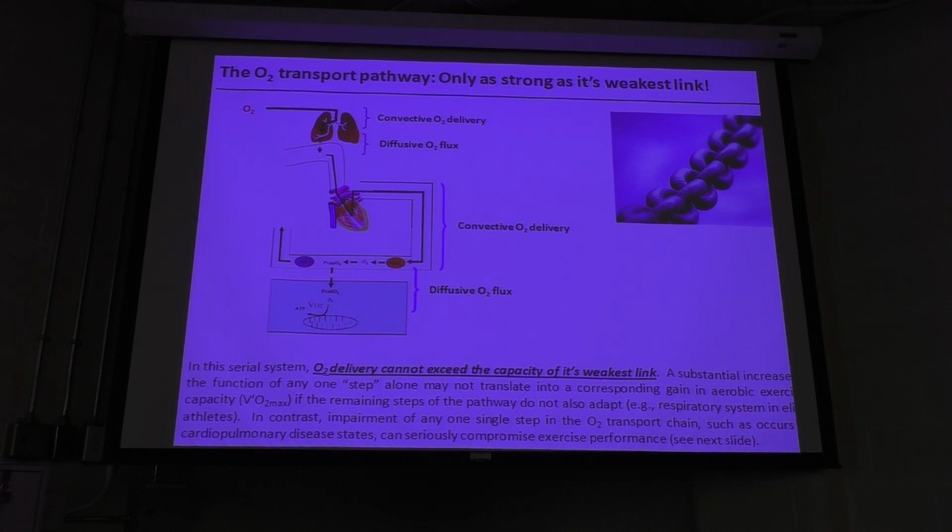So, as I mentioned before, the oxygen transport cascade is a serial system. So oxygen delivery cannot exceed the capacity of its weakest link. The higher up the chain, the worse it is. So a substantial increase in the function of any one step alone may not translate into a corresponding gain in exercise capacity.